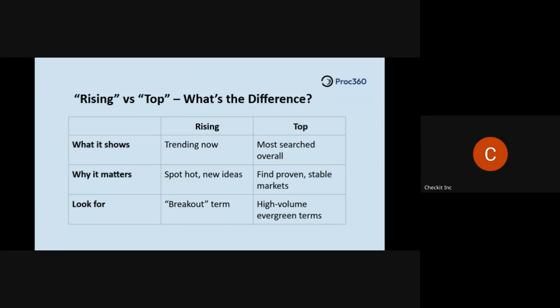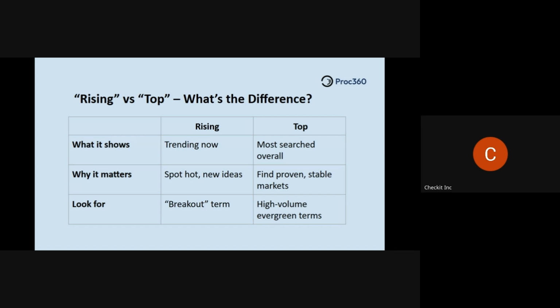All right. So why it matters, you can use the rising to spot new ideas, maybe something that has not really come up in your area, that is still like, oh, okay, I think I can be the one to bring this in. Okay. So then we have why top matters. It is used to find proven and stable markets. So when you're using the top to search, it just shows that, oh, this market is actually stable. It's not like something that's trending that today can go up and a minute later you're no longer seeing it.